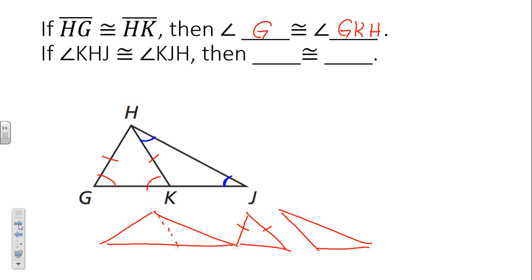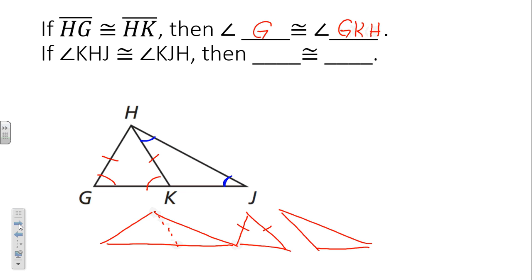And the base is not on the bottom, but that's okay. Okay? So what does that mean? So if these base angles are congruent, which sides have to be congruent?